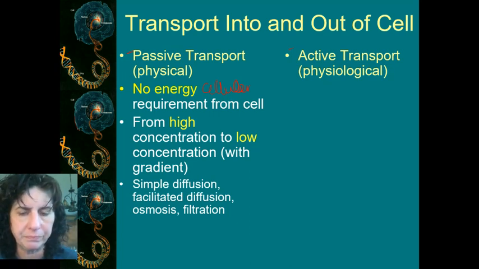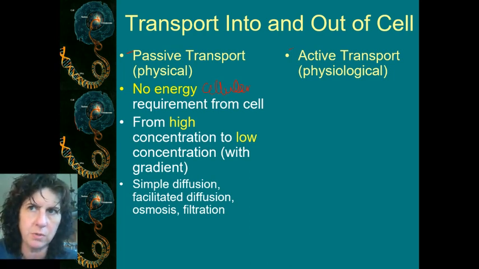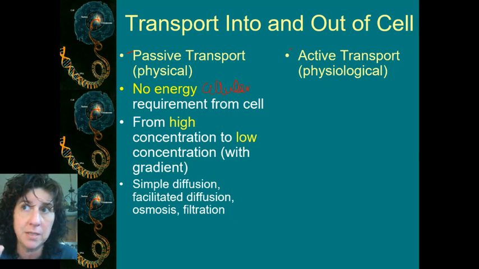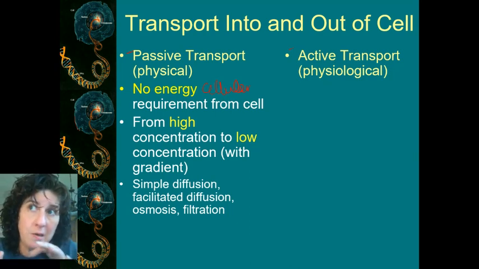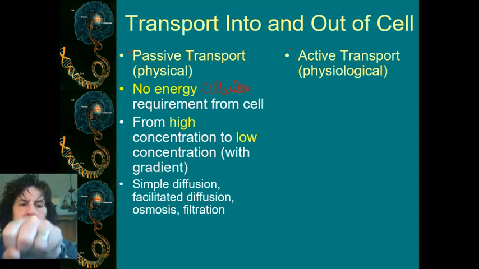For instance, if you spray perfume right here in front of your face, you're the first one to smell it, but eventually somebody across the room is going to pick up the whiff of that perfume because nobody's moving it. You're not blowing that over there. Even if the fan's not on in the room, it's not moving it there. What's happening is those little particles, those little atoms of the perfume, are moving around.